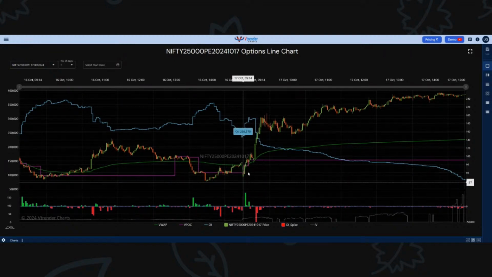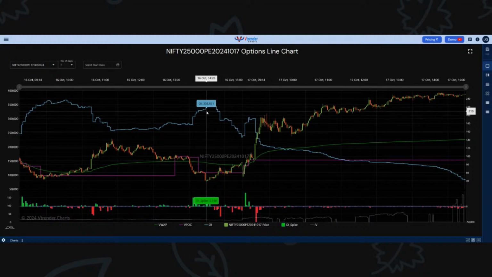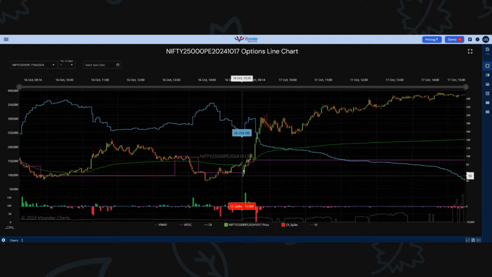Above these two, these option writers would be in trouble. At the open, because we had an open drive down, we can see how we straight away got above these two references. I'll switch on to the order flow chart in a bit and we will confirm that in the order flow chart also, and how we remained above the VWAP and the POC.